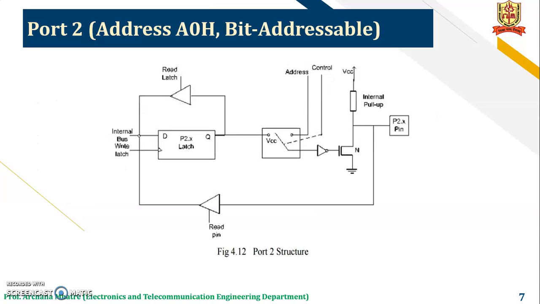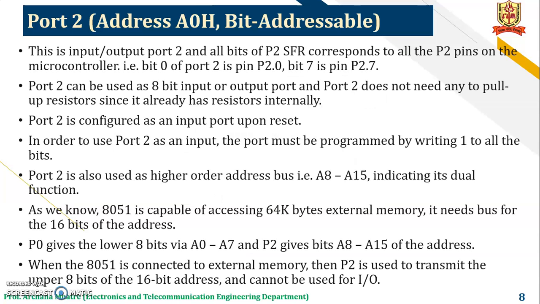Next is port 2. This is the internal structure of port 2. It has the address A0H in the internal RAM location and it is a bit addressable port. This is the input-output port 2, and all the bits of port 2 SFR correspond to all the P2 pins on the microcontroller.